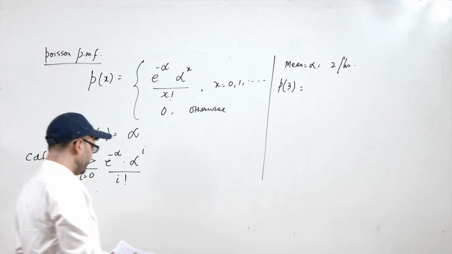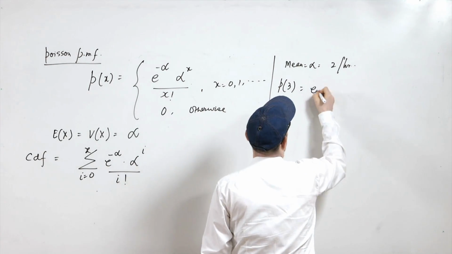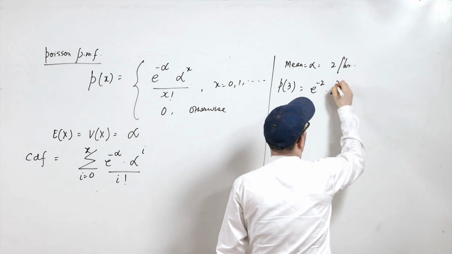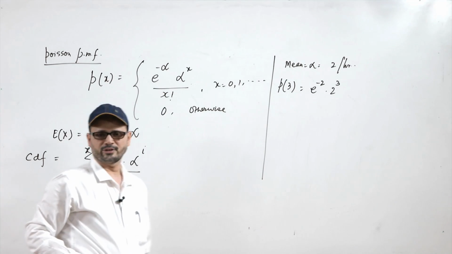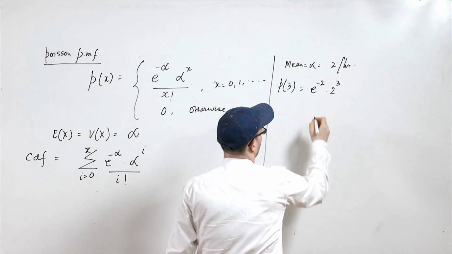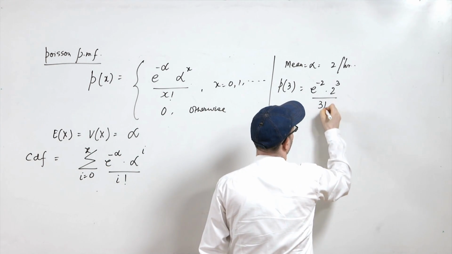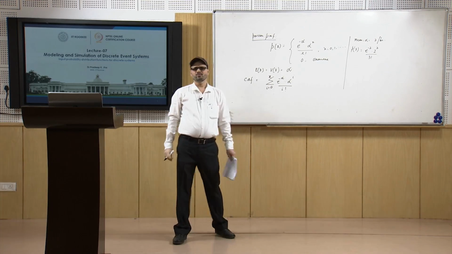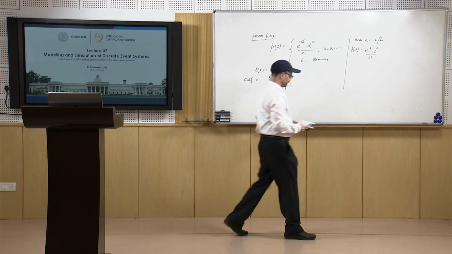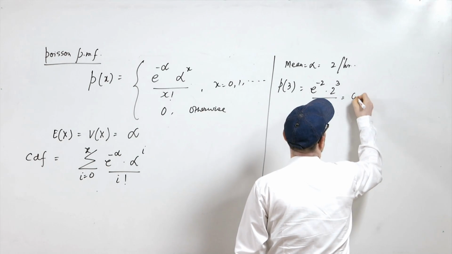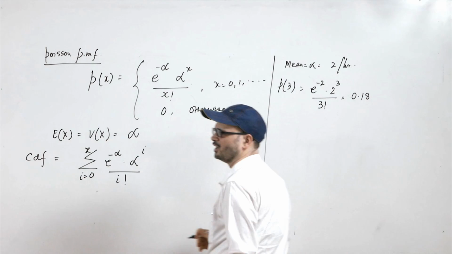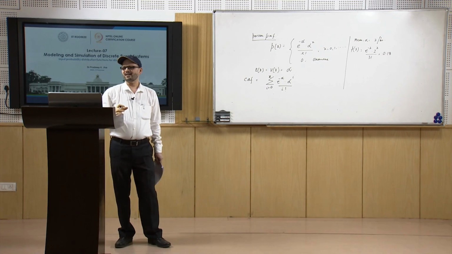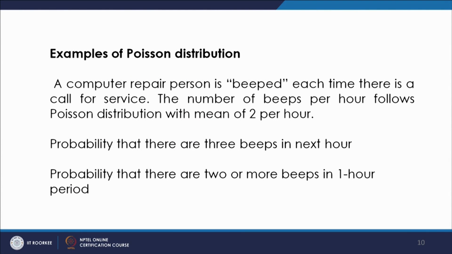So, P3 will be e raised to the power minus 2 times 2 raised to the power 3, because you want the probability of value 3, divided by 3 factorial. So, this value will come out to be 0.18. This way you can find the probability that there are 3 beeps in the next hour.